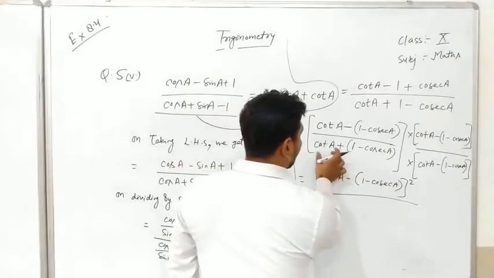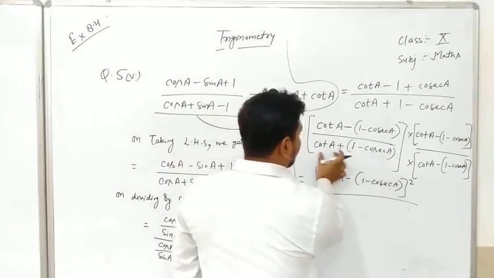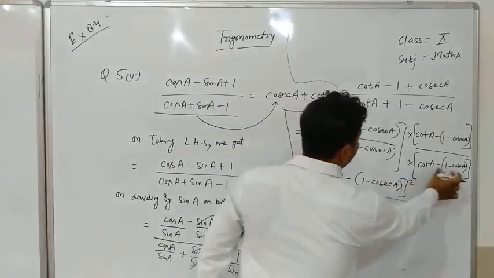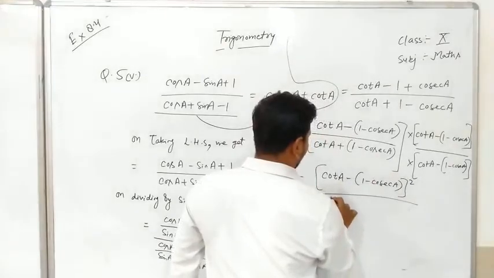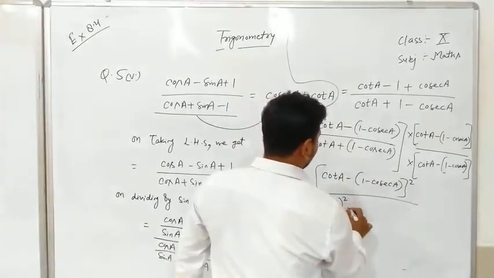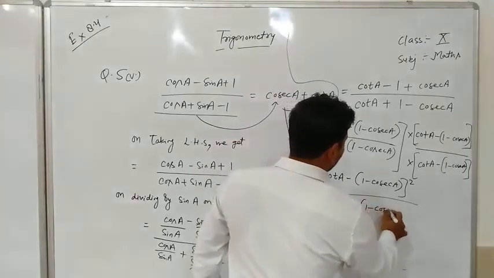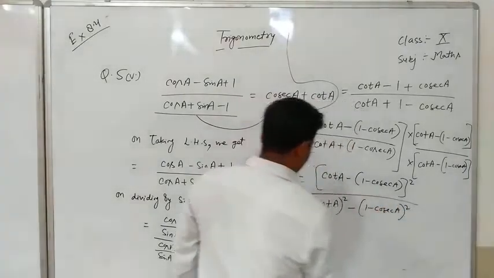So here it is A plus B, that is A and that is B. So A plus B into A minus B, cot A, that is A square minus 1 minus cosec A whole square.